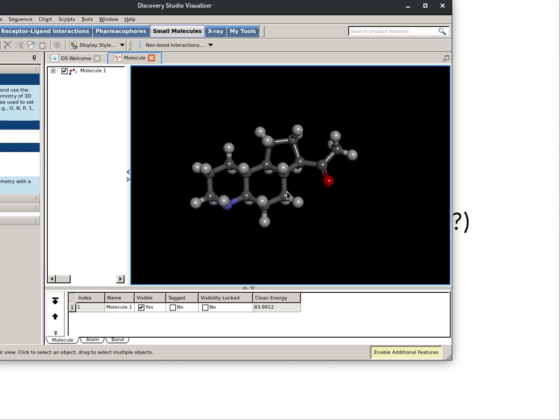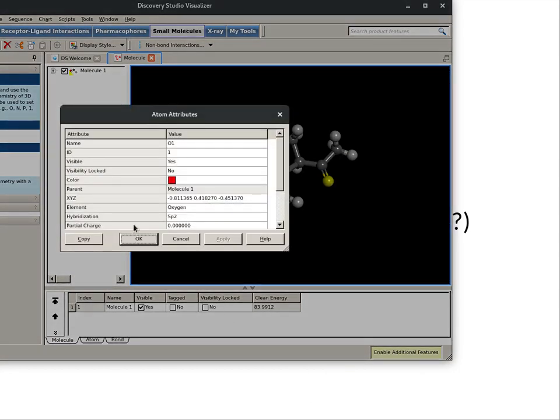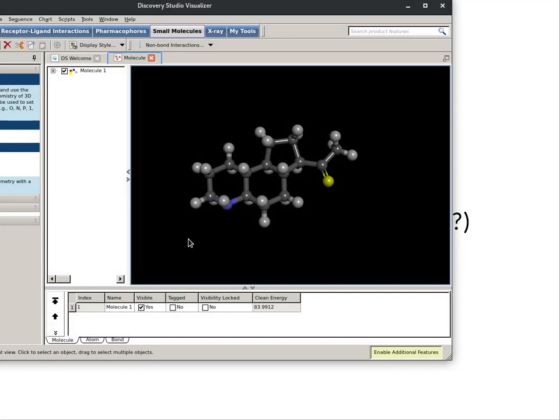So within Discovery Studio, for example, I can select any atom like the carbonyl oxygen, and I can have a look at its attributes, and you will find within its attributes it has a position in 3D space, an X coordinate of -0.81, a Y coordinate of 0.41, and a Z coordinate of -0.45. So every atom has Cartesian coordinates, and they are placed in 3D space.